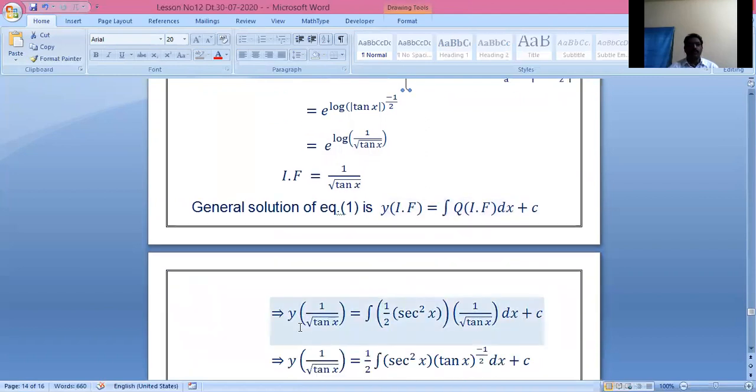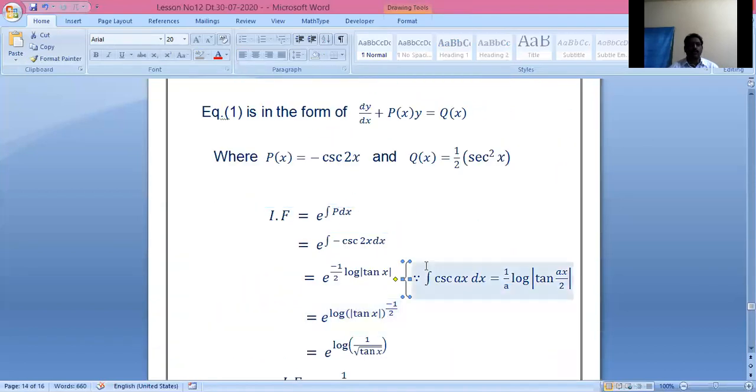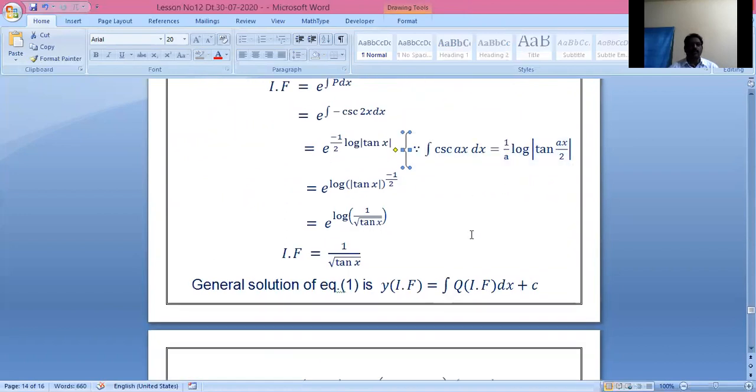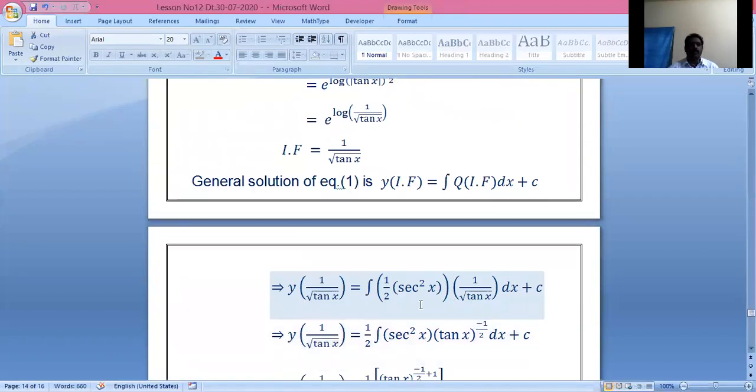That implies y into, here IF is 1 by root tan x. Therefore 1 by root tan x is equal to integration of q into, here q is 1 by 2 into secant square x, 1 by 2 into secant square x into IF 1 by root tan x dx plus c.